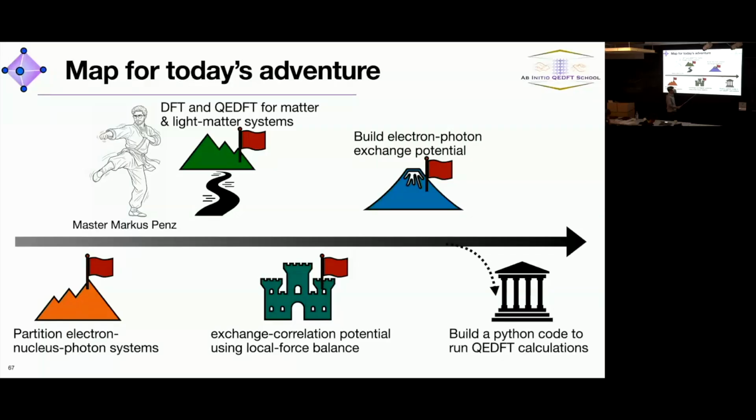We introduced a method called the local force balance equation to find it. I also showed you how to include the photon field, and then we can get the electron-photon exchange potential. In the afternoon, we are going to construct the functional in a notebook. Okay, probably that's all. Thank you.